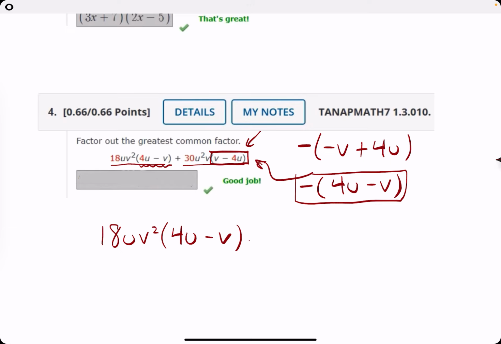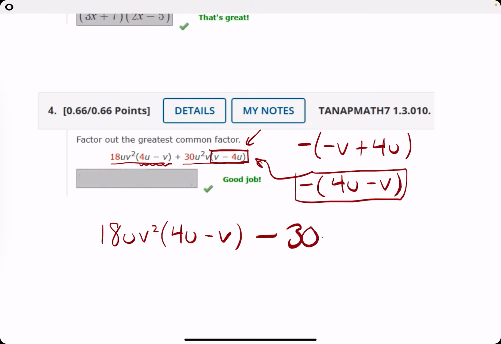So how does that look? Well, it just makes this plus become a minus, basically, because it's got that negative. And then it'll just change this factor to 4u minus v. You see, all we did really is swap the places of these and then negate that. That's all we did, okay?